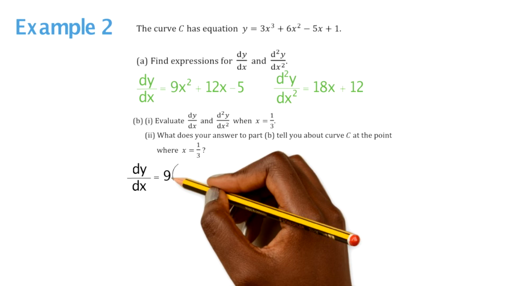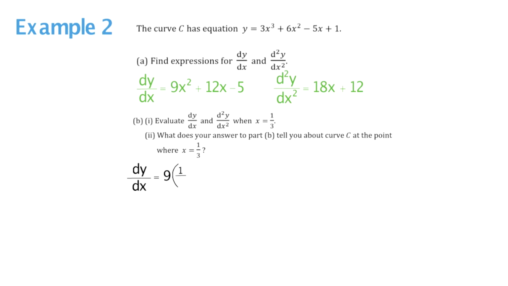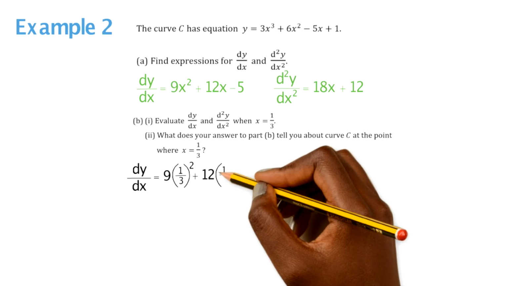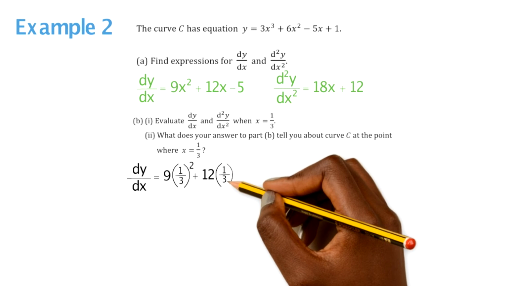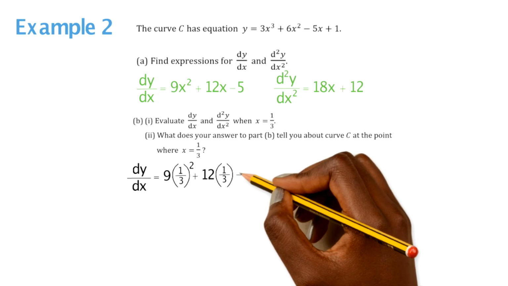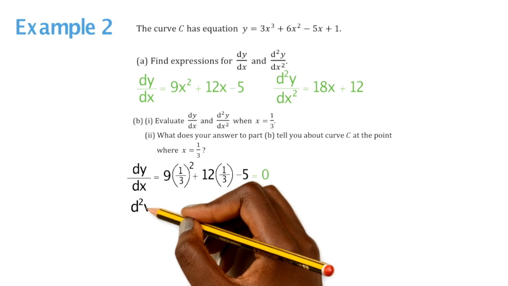So that's going to be 9 multiplied by a third squared plus 12 multiplied by a third minus 5. Putting that into your calculator, or working it out manually, would give you an answer of 0.